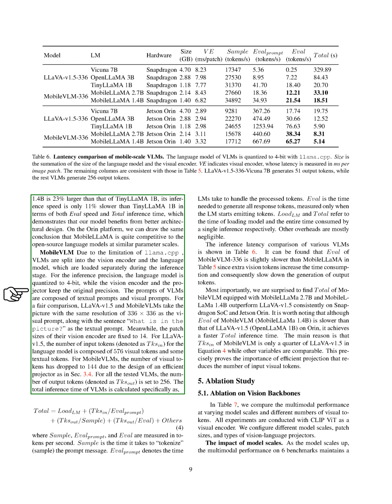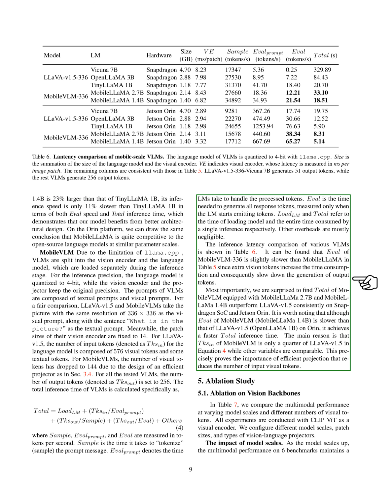For a fair comparison, LLaVA 1.5 and MobileVLMs take the picture with the same resolution of 336 by 336 as the visual prompt, along with the sentence, "What is in the picture?" as the textual prompt. The total inference time of VLMs is calculated as the sum of the time to load the language model, the time to process the input tokens, the time to generate all response tokens, and other negligible overheads.